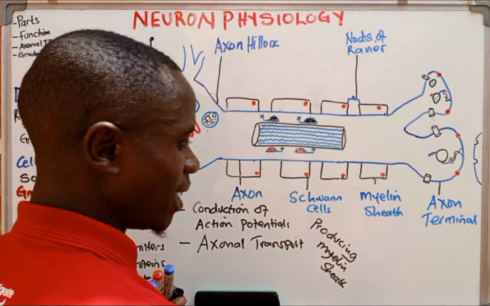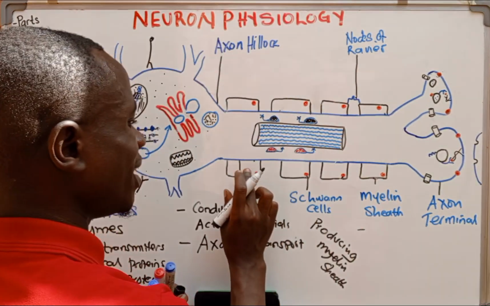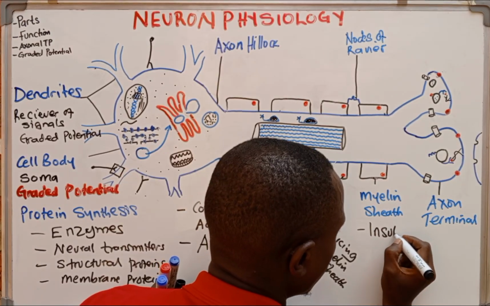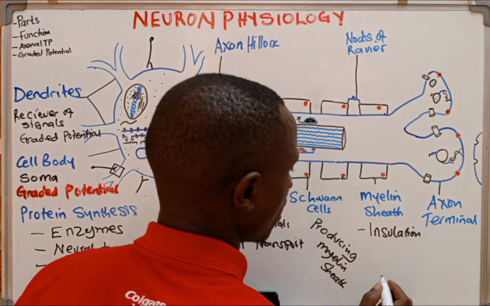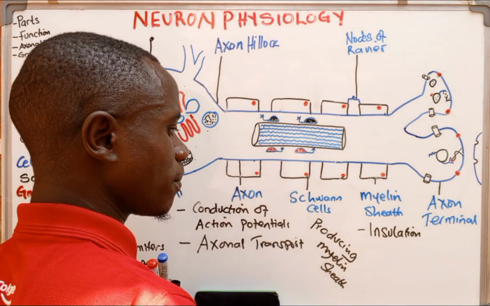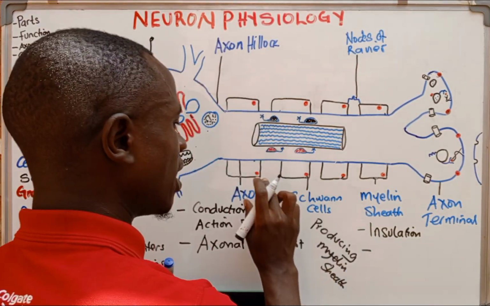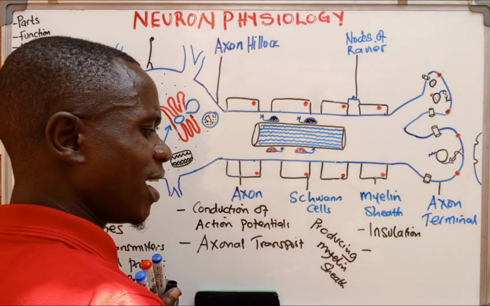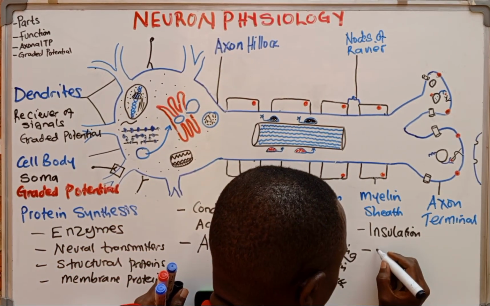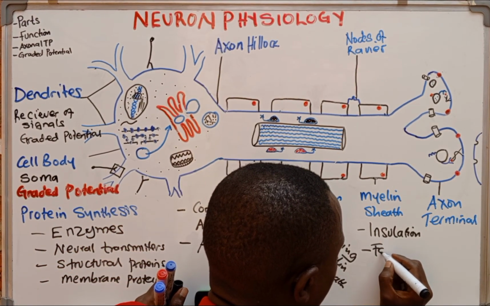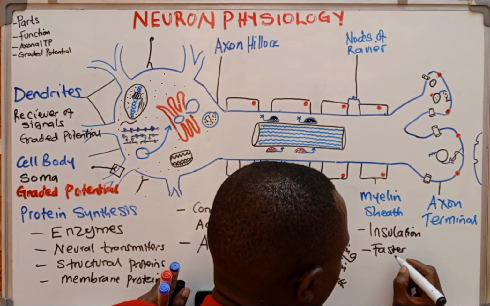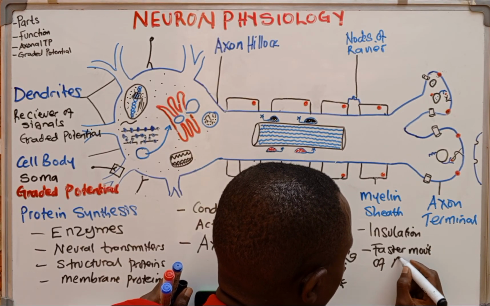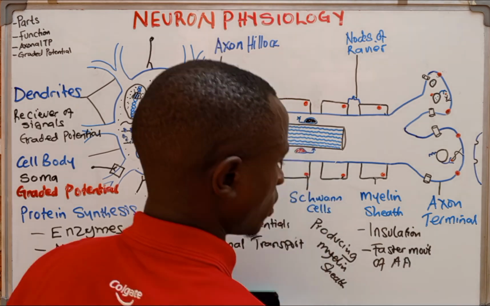What's the role of the myelin sheath? The myelin sheath is going to be insulating the axon. They play a role of insulation. And this insulation is going to aid in faster movement of the electrical impulses, that is, faster movement of action potentials.